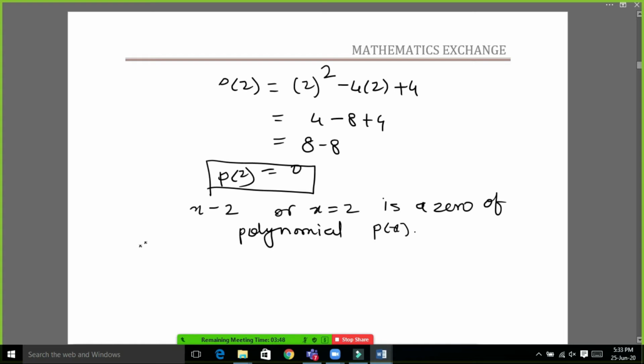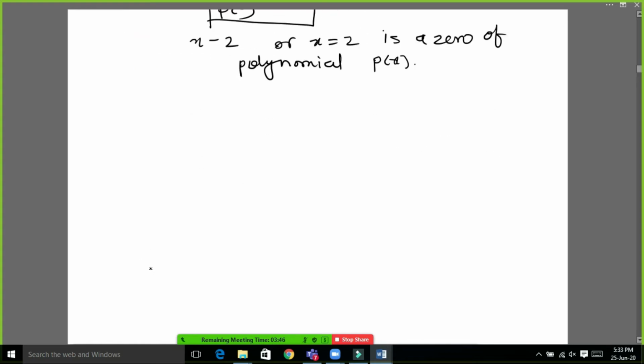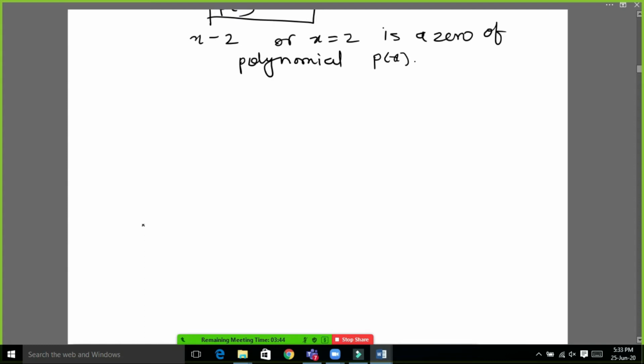So this is one of the polynomials; the other 0 can be found out by another method. I am just taking this for understanding.